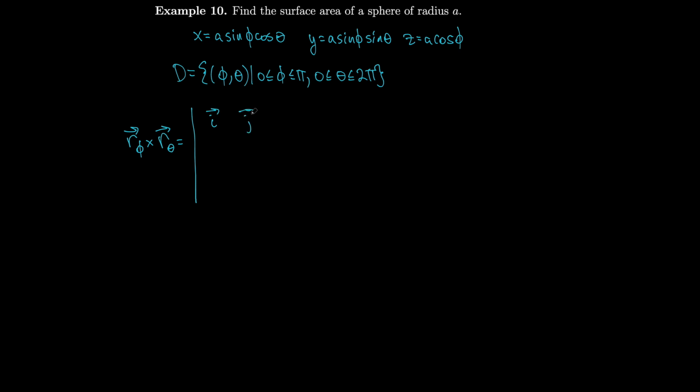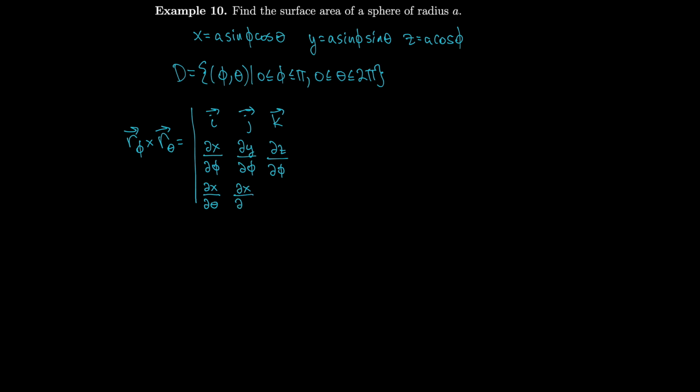i, j, k, and we'll get the partial of x with respect to phi for r phi, partial of y with respect to phi, partial of z with respect to phi. And then the same thing for r theta.